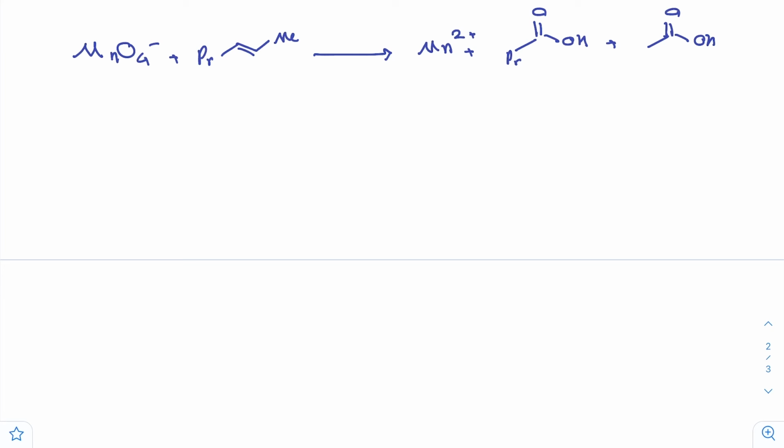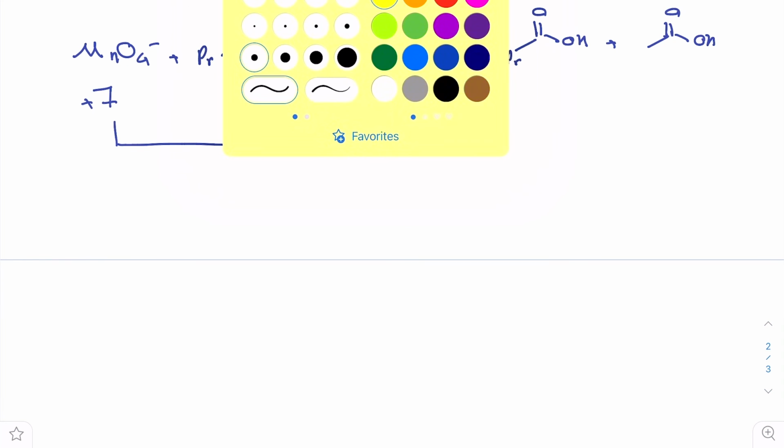Okay, great. So the oxidation state of manganese in MnO4 minus is +7. That is going to +2, so that is a change of gaining 5 electrons. And then we have 2 atoms that undergo a change in oxidation state. Let me just use different colors to demonstrate that.